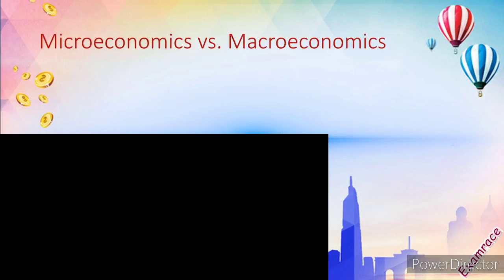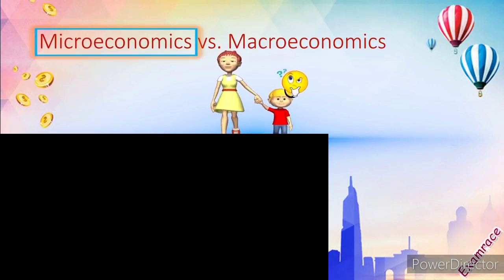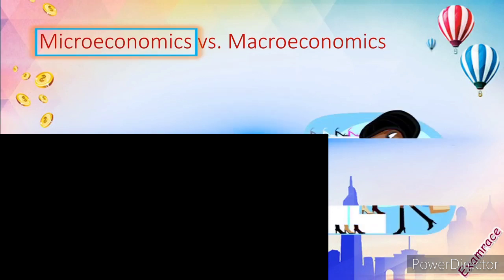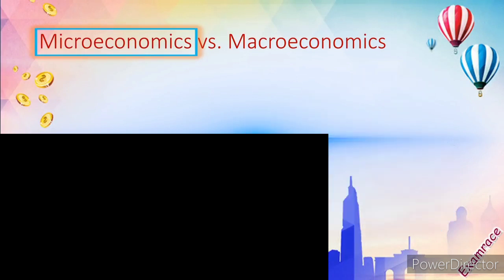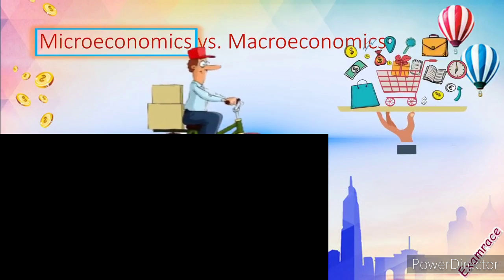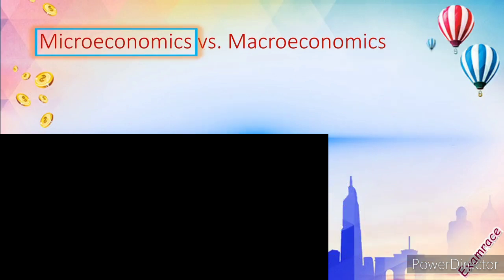Understanding the key difference between microeconomics and macroeconomics. Under microeconomics, we choose individual players who are considered as decision makers. So you have economic decisions taken by economic agents, and these are understanding the nature of the problem. You have the demand, the supply, the production taken into account, the producers, the consumers at a very minor level.